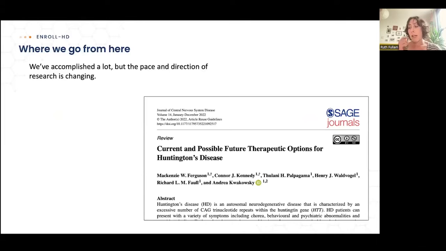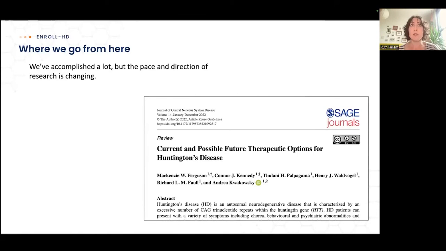So if we're looking at therapeutics and where they're going, certainly over the last 10 years you've seen research into therapeutics hotting up for HD, which is fantastic news. And I would say that there are two different streams of therapeutics being trialed at the moment.